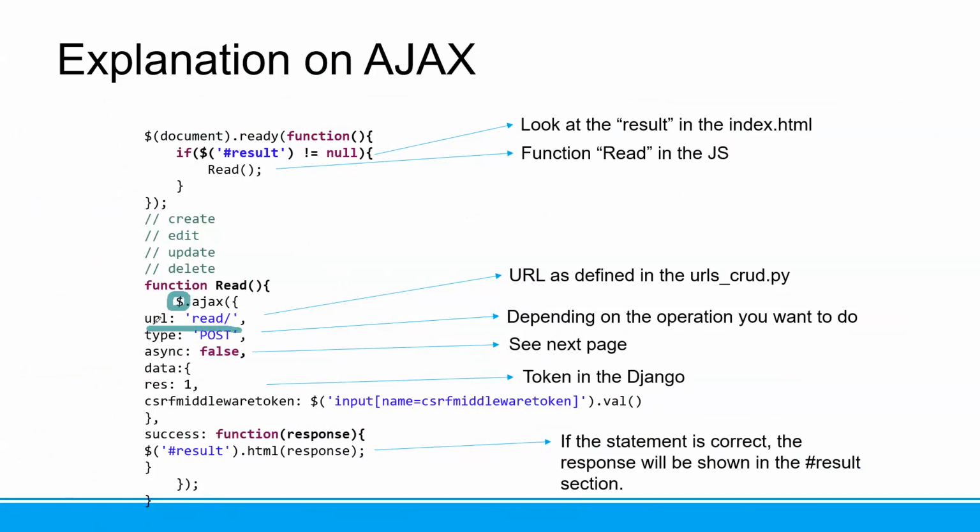Let's say this is URL read. So I'm going to access the read to see what the data elements are. And then post. It depends on the operation you want to do. There are two kinds of type: you can use get, you can use post.